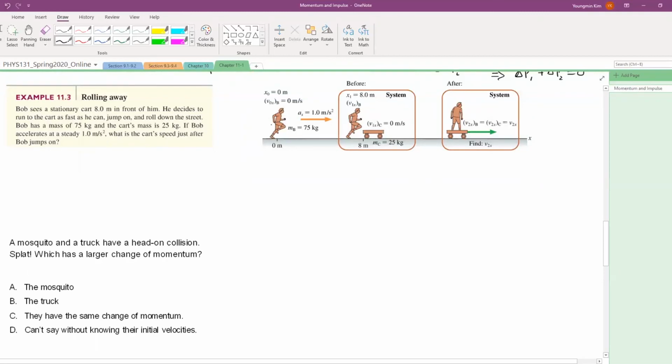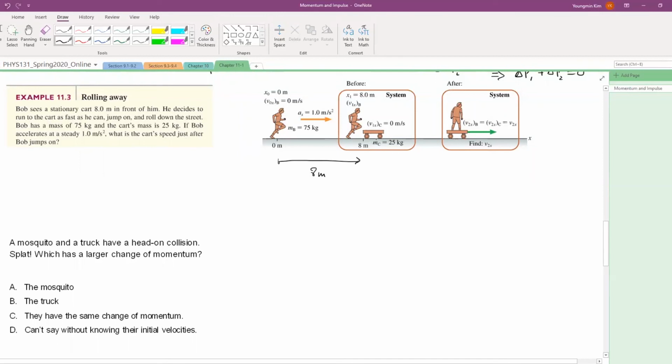So here you see Bob is starting from here, 0 meters with 0 initial velocity. He will accelerate at a steady 1.0 meter per second squared, traveling 8 meters. And he will jump on the skateboard, which was at rest.